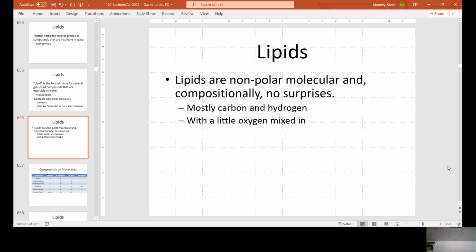So if we have a nonpolar molecule, what it's made up of compositionally should be no real surprise at this moment. Mostly hydrogen and carbon. We look at our big four chart. Lipids are going to have carbon and hydrogen and a little bit of oxygen here and there. Nothing else really.